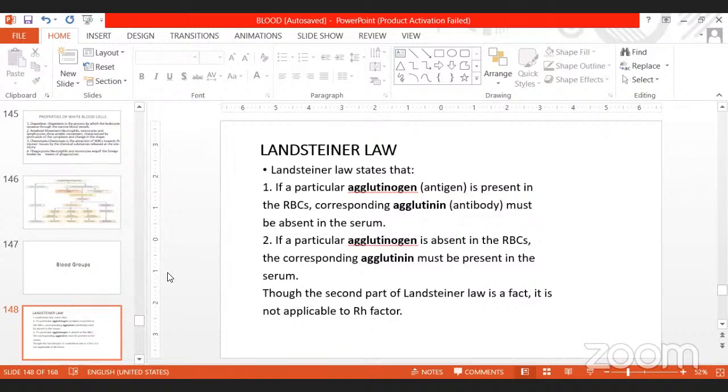And if a particular agglutinogen is absent in the RBC, the corresponding agglutinin must be present in the serum. Though, the second part of the law, in fact, is not applicable to the RH factor.